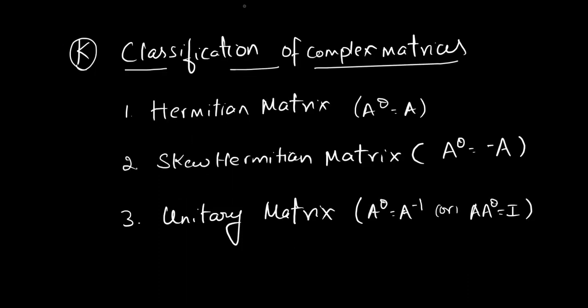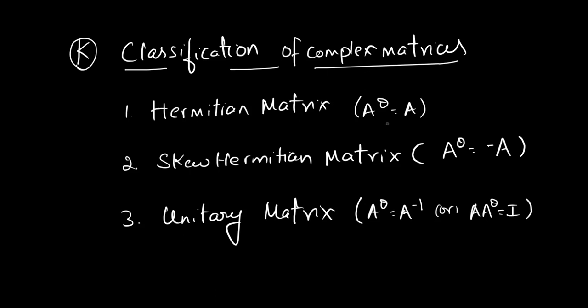So going ahead with the classification of complex matrices. We can determine this using A theta, which is the conjugate transpose, and the relation with orthogonal. There are three things that we need to consider.